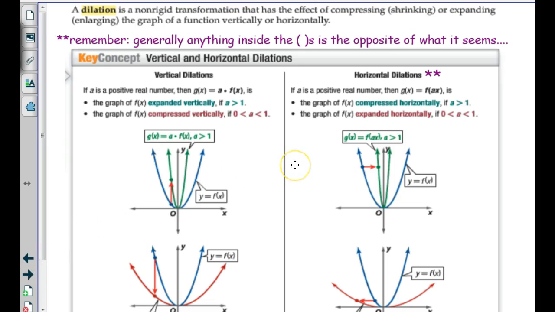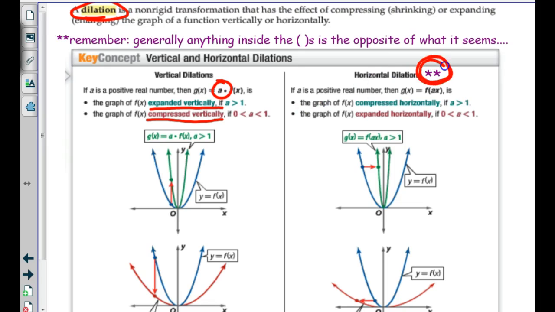The next ones are dilations, and this is a struggle for students, okay? Dilation means stretch. All right, so if we multiply a 2 out in front, it's going to expand it vertically because it's changing the y. If we multiply a 1/2 out in front, it's going to compress it vertically because it's changing the y.